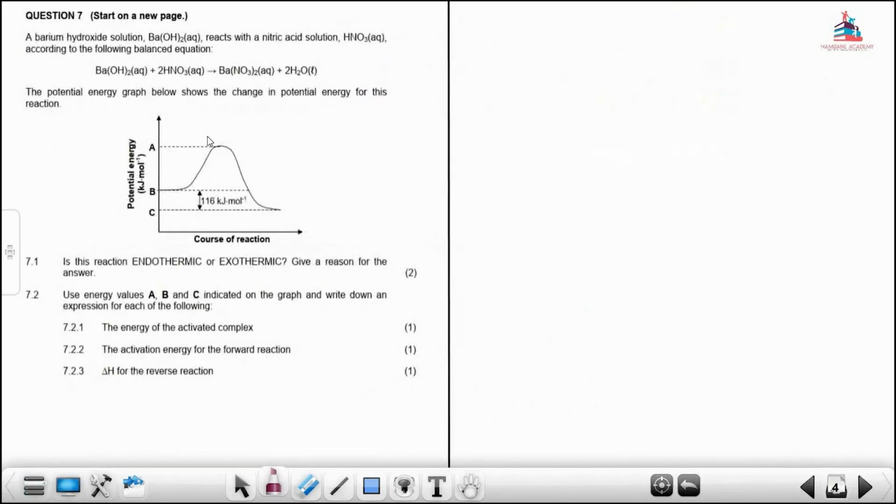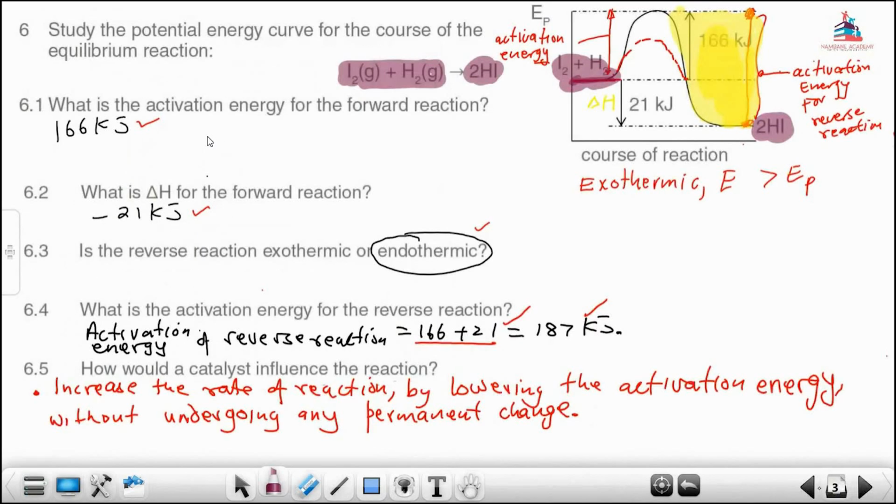So I have a question. You have a question. Thank you very much. Yes, Impilo? So question 6.4, is that how we're always going to answer the question, even if it was endothermic? 100%. There is no equation whatsoever. You just use your standard way of understanding the graph.